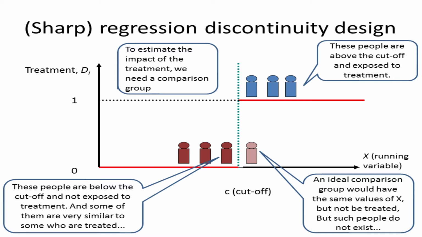In principle, if x really is a nice continuous variable and we have masses of data, you can find two people with arbitrarily close values of x who are treated differently. The argument is that the red person just below the cutoff is a really good comparison for the blue person just above the cutoff.